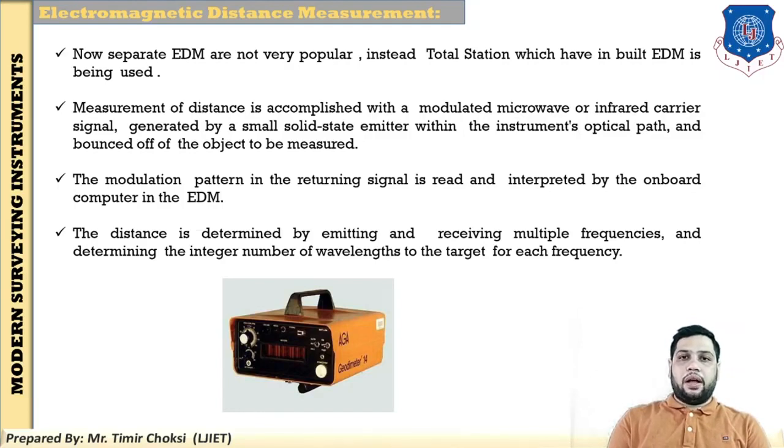Because EDM is used for finding the horizontal distance, to understand this instrument you must first understand the electromagnetic wave, because the distance is found by the electromagnetic wave. So you should first watch video number 1 and clearly understand it. I have already explained the properties of the electromagnetic spectrum in a previous session.